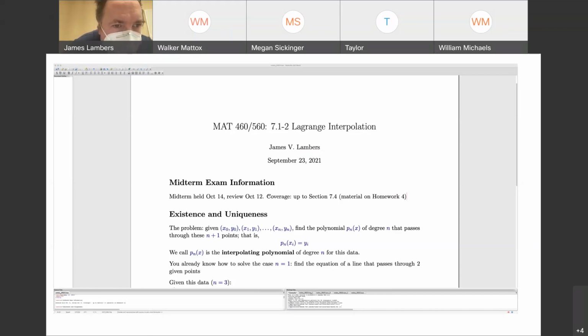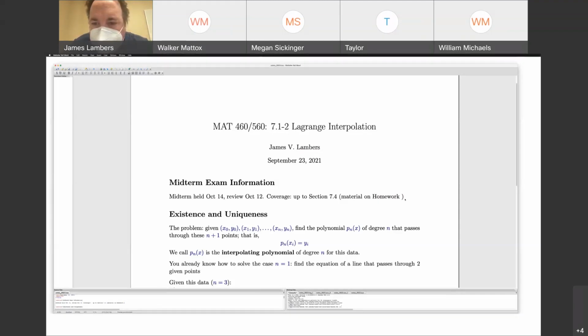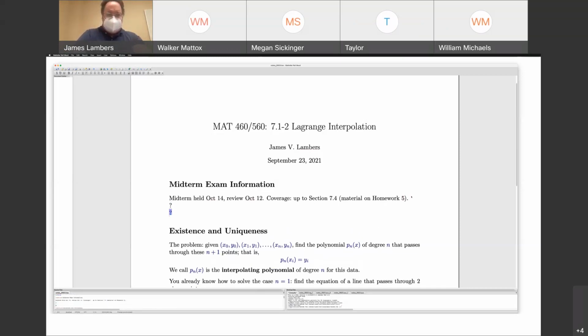Homework 2 is on 2.1, homework 3 is on 2.2, homework 4 is on 7.2, homework 5 is on 4. So that's actually material on homework 5.